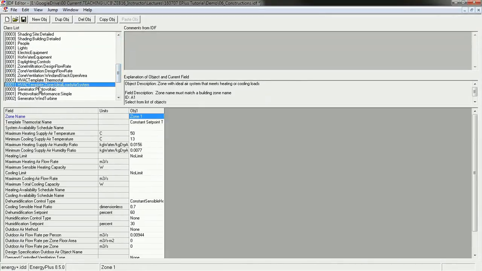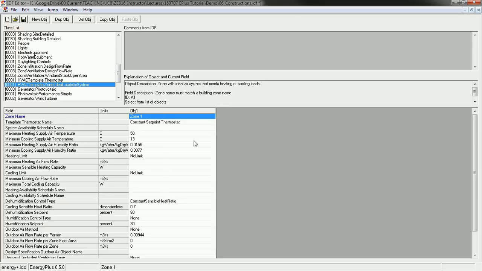The ideal loads air system here is this object, and you can see here, no limit to the heating capacity and no limit to the cooling capacity. And what this means is that the system will provide as much heating or cooling as we need, no matter what happens, in order to achieve a certain temperature. And it will report what it used.